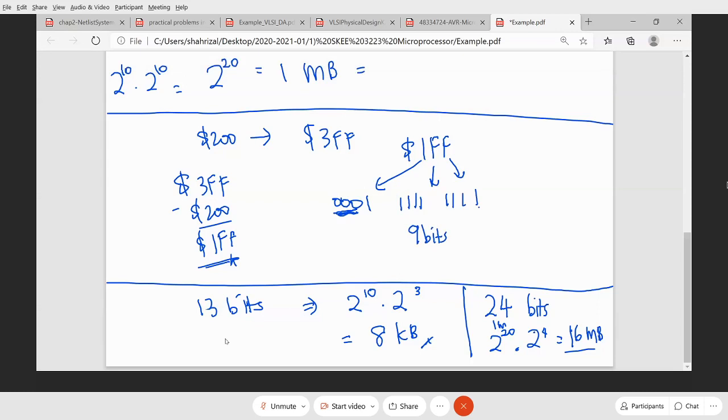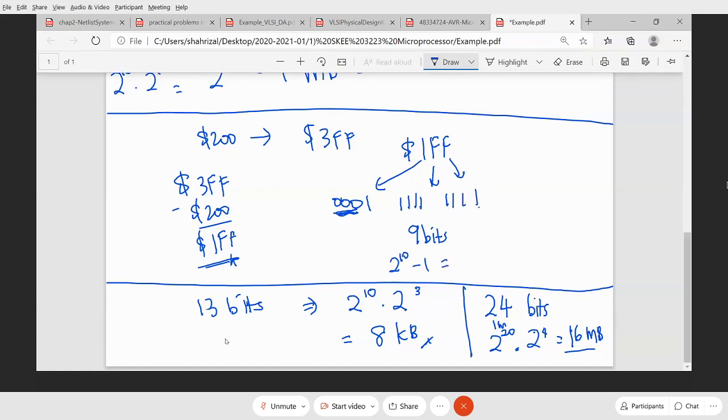So when you know 9 bits, then you can simply put it this way: 2 to the power of 10 minus 1. Understand this one? Why I put 2 to the power of 10? Or else all you can do is 2 to the power of 9 straight away.